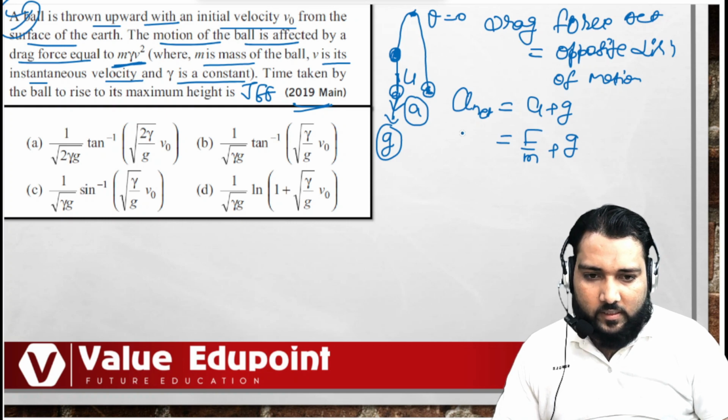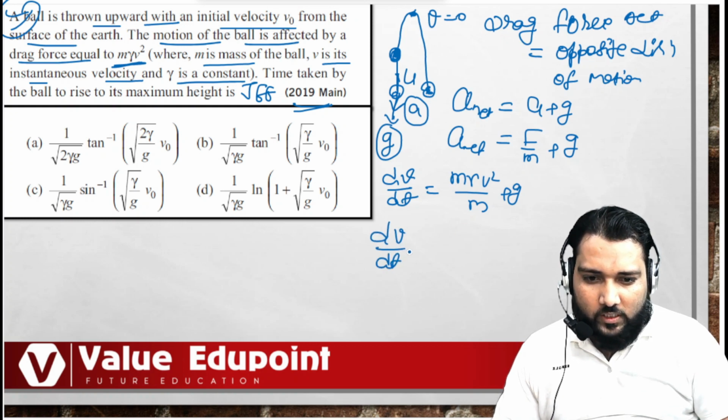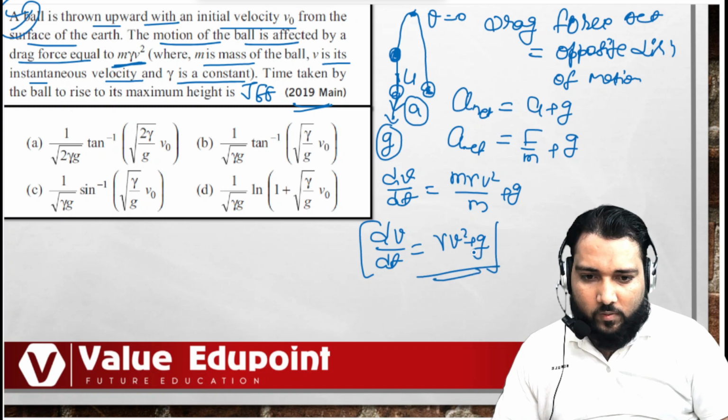We can write the net acceleration as dv by dt, and the drag force is m gamma v square upon m, plus g. Is it okay, guys? So this comes out to be dv upon dt equals gamma v square plus g. Up to here there is no problem.